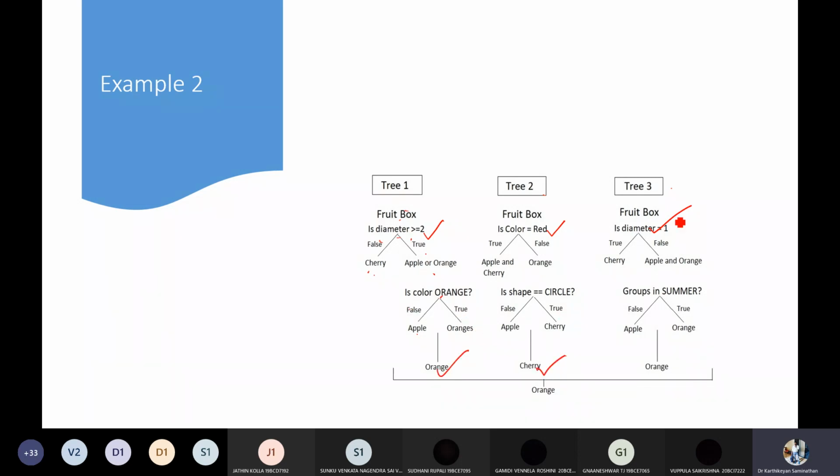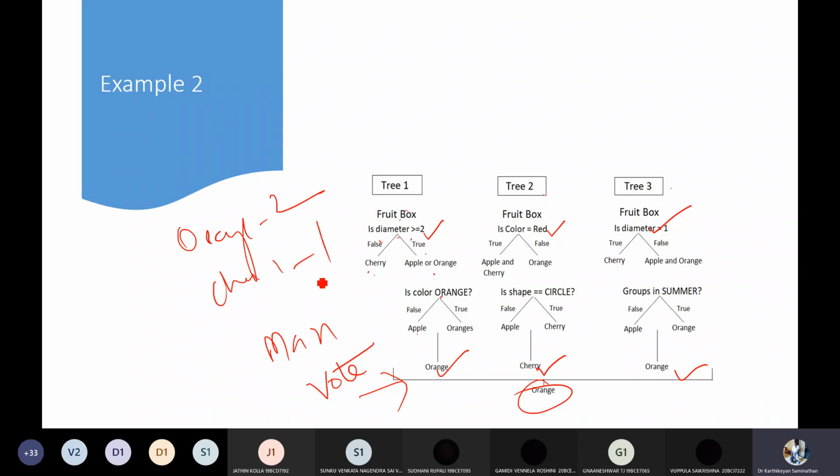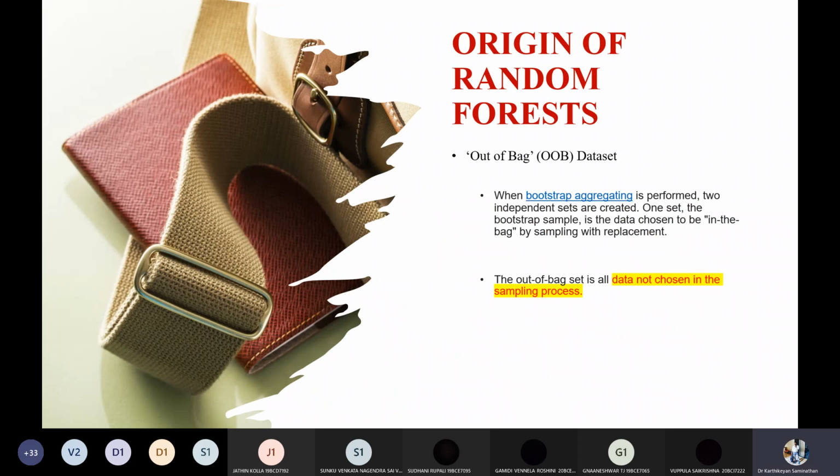Again this is cherry, and again here orange. So the final outcome is orange. This is bootstrap aggregation, where they apply the max vote concept. The max vote is 2 for orange, and cherry is 1, right? So the max vote wins. This is what your random forest does.